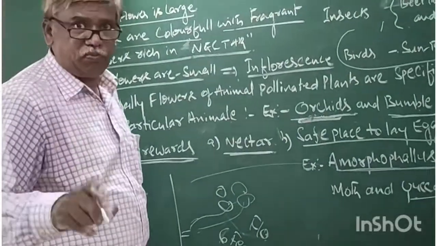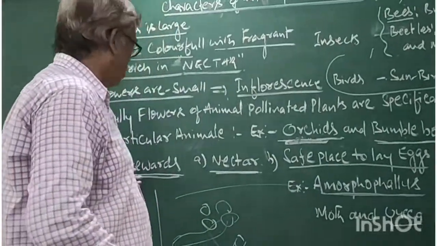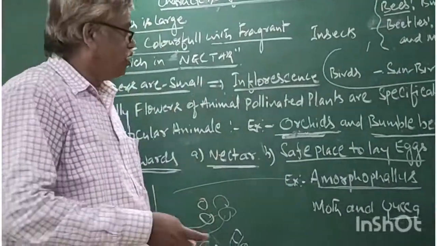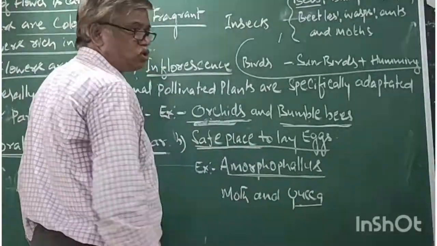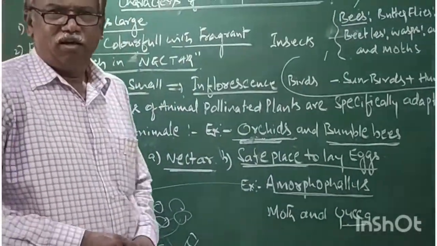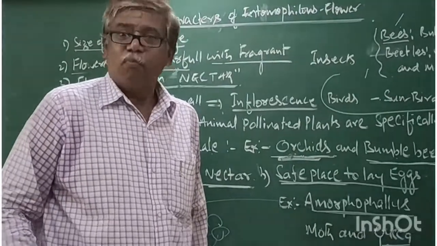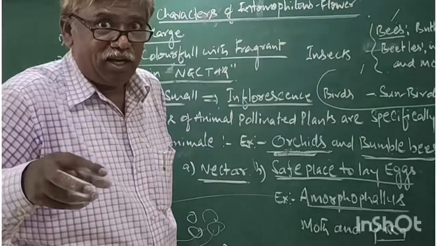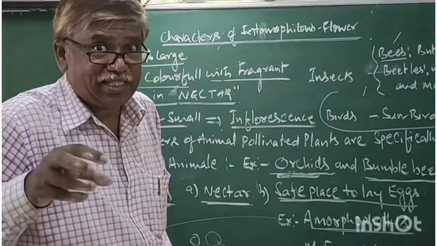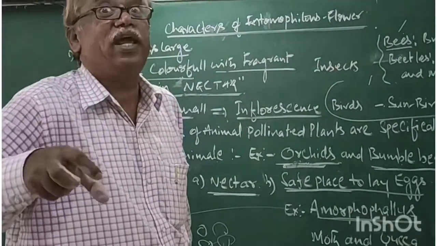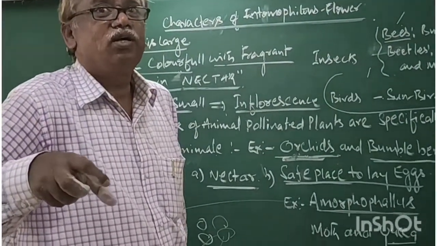But in some cases, the flower provides a safe place to lay eggs. The insects are oviparous; they lay eggs. But before laying eggs, insects search for a safe place to lay the eggs.